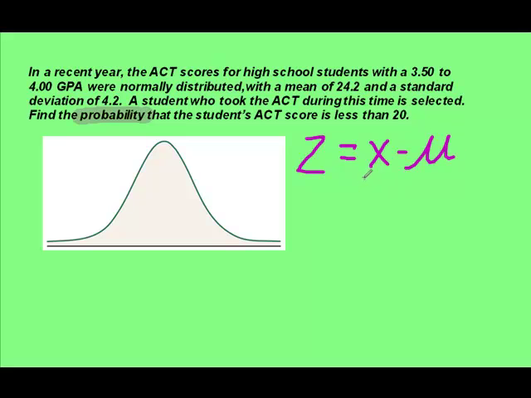And here's our formula. Let's go get the pieces. First piece, what is the number we're looking for? Numbers that are less than 20. What is our mean? 24.2.